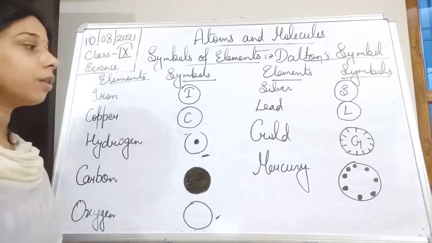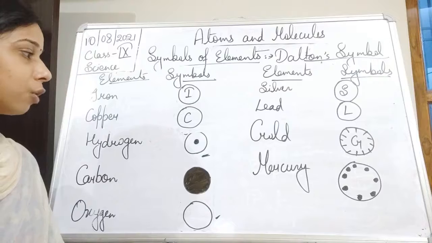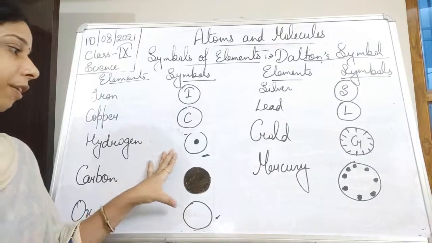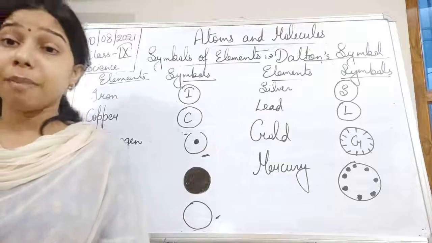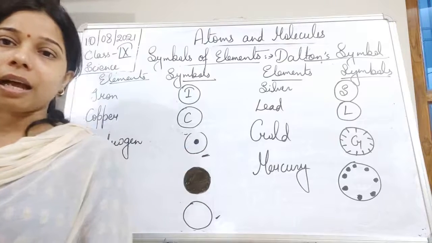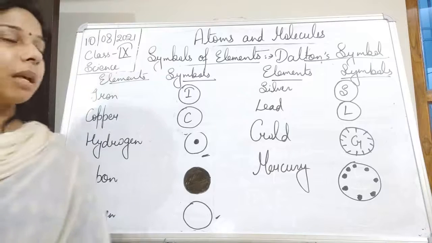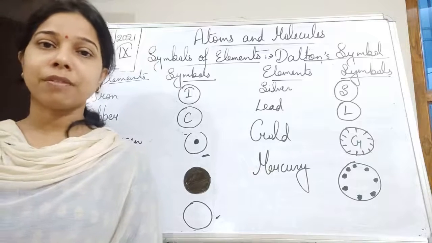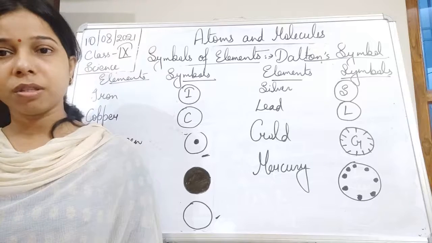So we can say here that the element symbol is quite difficult to make as well as quite difficult to remember. So it is inconvenient as well as difficult. That is why this symbol which was given by Dalton was discarded, it was not used.